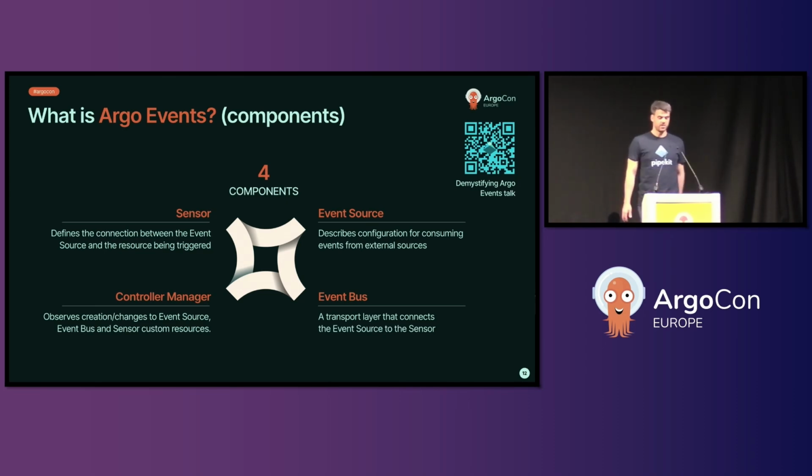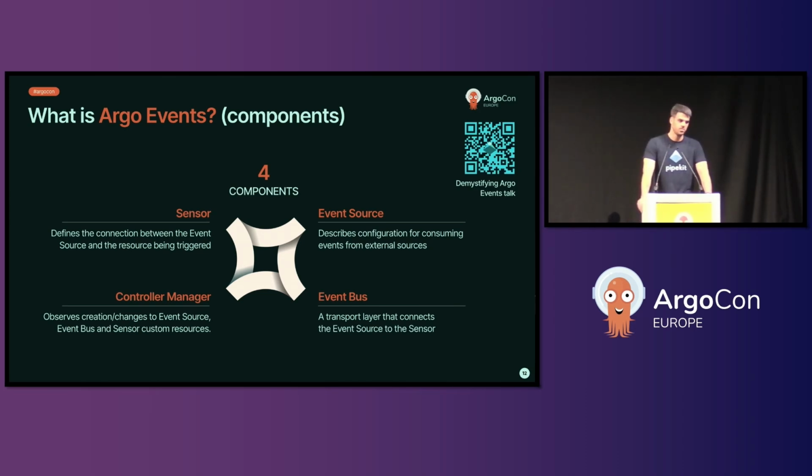So yeah, Argo Events consists of four components: sensor, event source, controller manager, and event bus. An event source defines the configuration for consuming events from external sources, can transform the event, and dispatches that event to the event bus. So if you want to consume a webhook, you should create a webhook event source config.